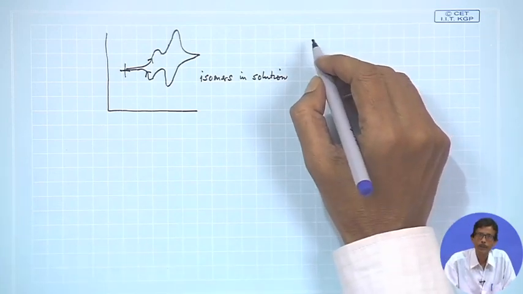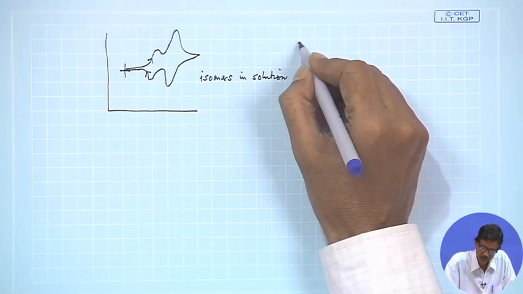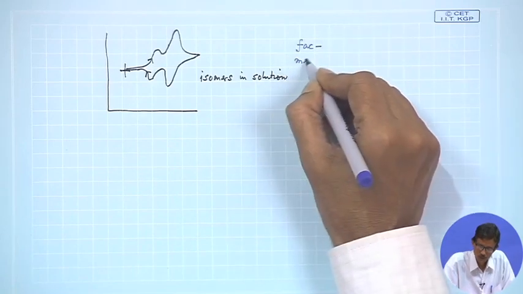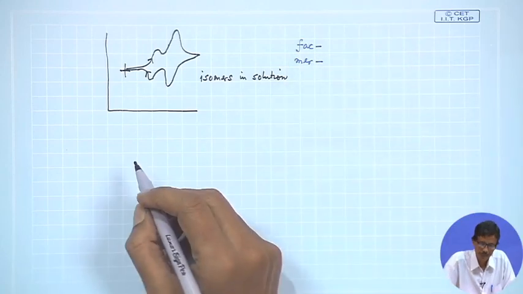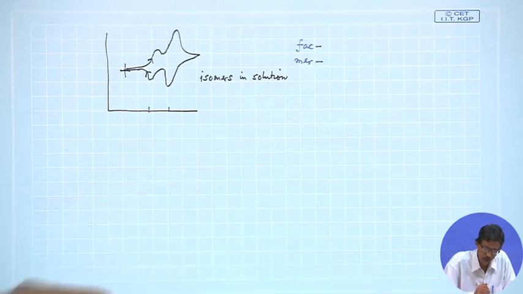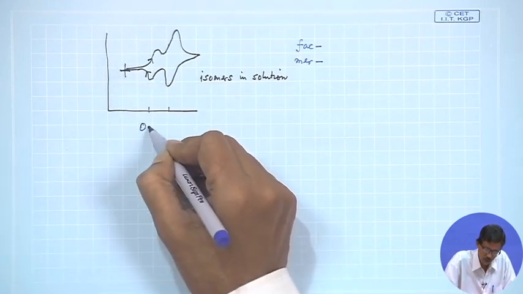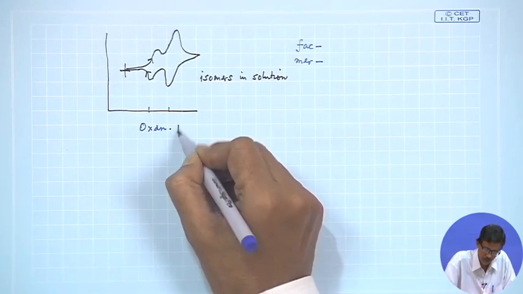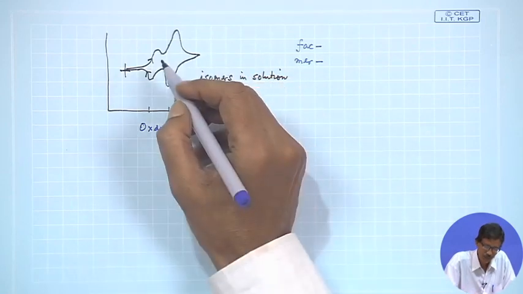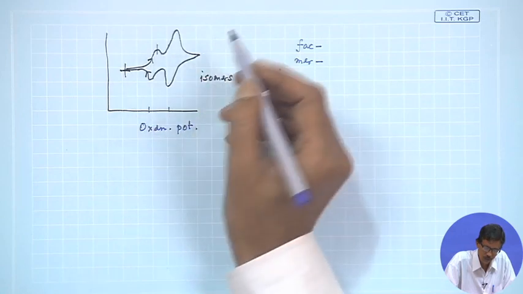We expect this sort of plot particularly when we talk in terms of metal ion complexes. We can have these two isomers, we all know, the facial and the meridional isomers. With respect to the corresponding potentials for oxidation, the first isomer is oxidizing here.